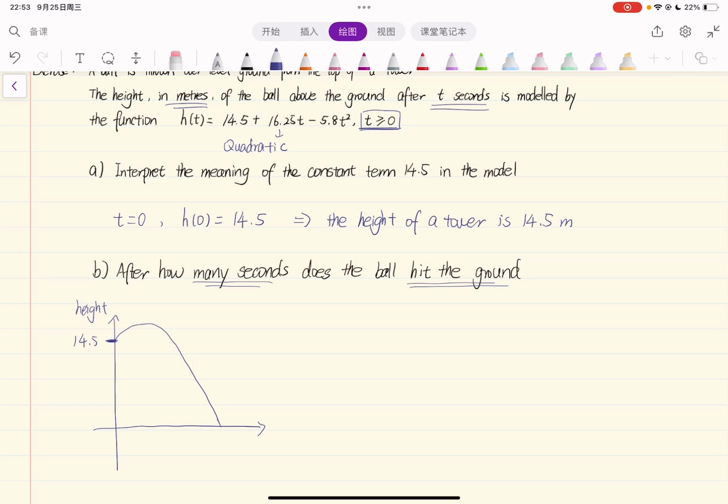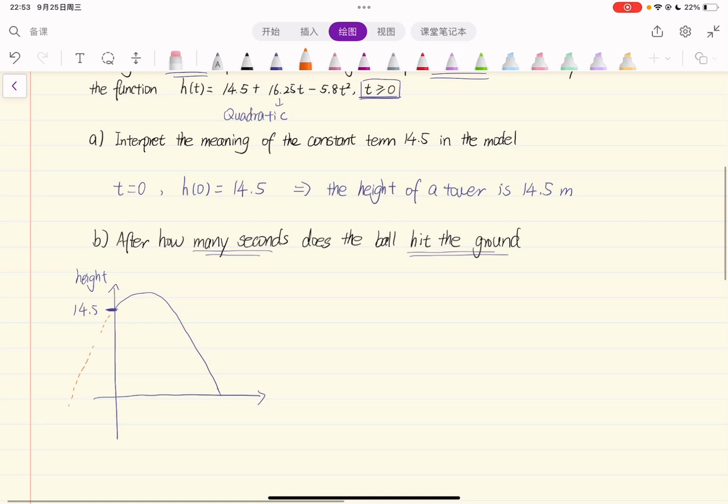Do you think it is really similar to the quadratic graph? Have you seen this is a perfect quadratic graph? So what this question actually asks is the root of this function, right? Because when it hits the ground, it is like hitting the x-axis.